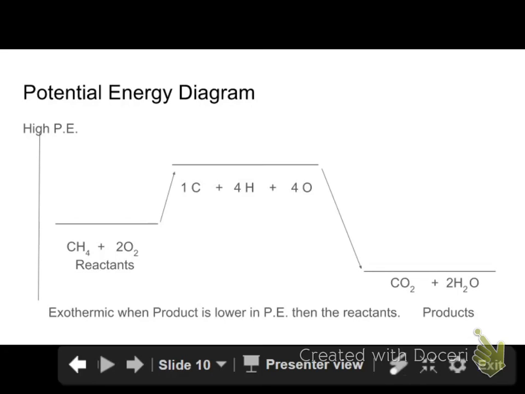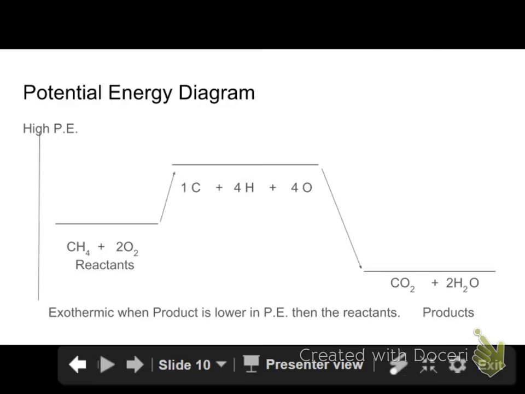This is the last thing we'll go through here today. Now, the reactants are down here. This is high potential energy at the top, and this is low potential energy. So this line represents the energy at this point in time.